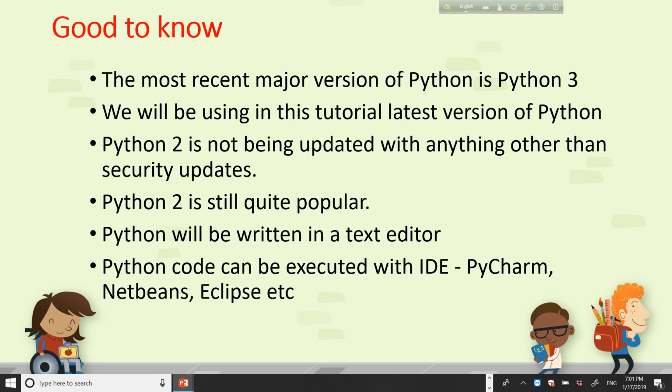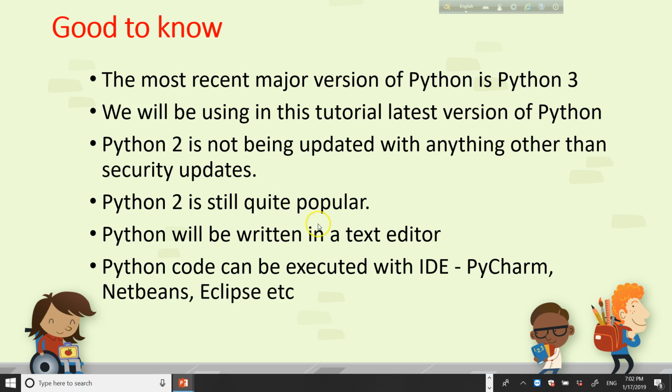We will be using in this tutorial the latest version of Python, and that, as I told you, is 3.7.2. Python 2 is not being updated with anything other than security updates. Still, Python 2 is quite popular. All right, many developers are still using Python 2.